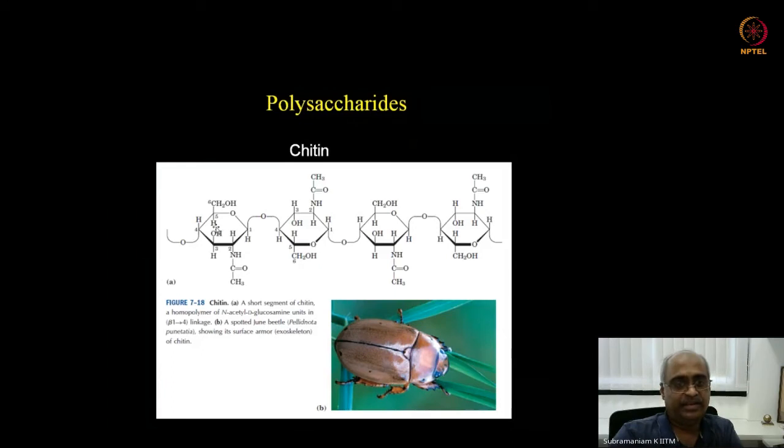So chitin is beta 1,4. So the hydroxyl group is above, so therefore you show it like this, instead of showing it down. And this one has an N-acetyl group. So it is N-acetyl glucosamine.